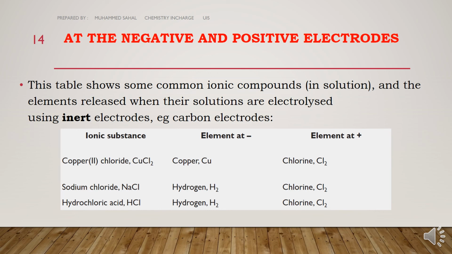At the inert anode, chlorine, bromine and iodine, that means the halogens, are produced in preference to oxygen. At the inert cathode, hydrogen is produced in preference to metals unless unreactive metals such as copper and nickel are present. These are the 3 guidelines related to electrolysis.